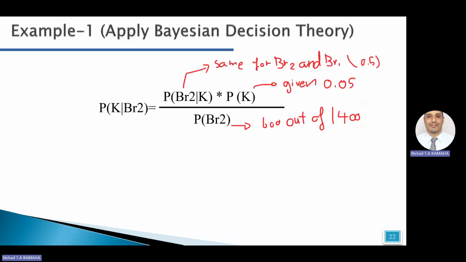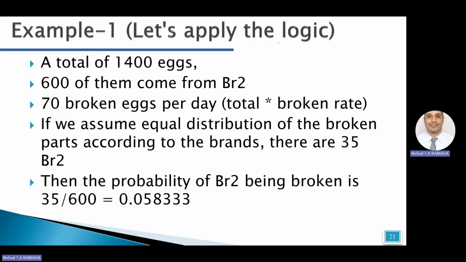Okay, so using only the logic here, we know that we have a total of 1,400 eggs. Why? Because from brand 1 we have 800, plus from brand 2 we have 600. So totally we have 1,400 eggs.